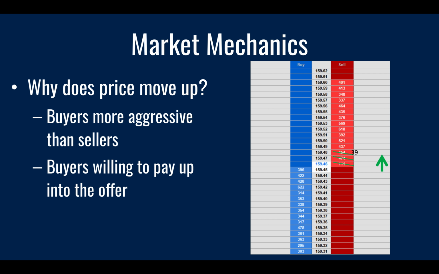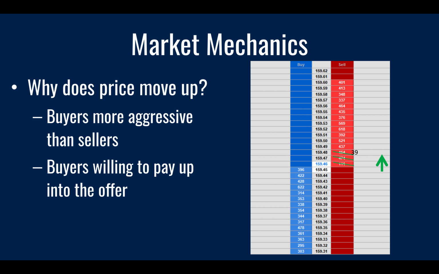This leaves 159.48 with just 39 contracts waiting to be sold. As we can see here, it's the aggressive party which caused the price movement. Market orders can be people getting into the market, initiating a position, or they can be people getting out of the market, such as stop loss orders.